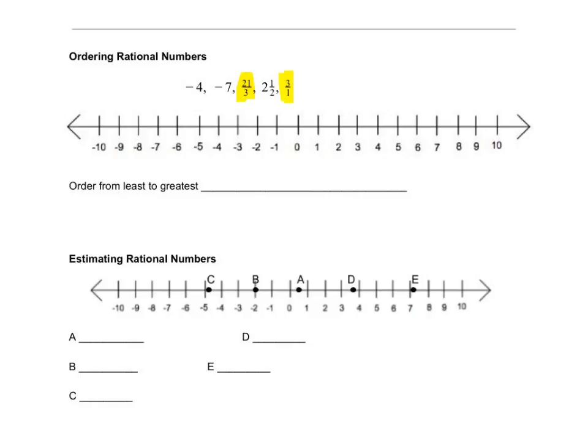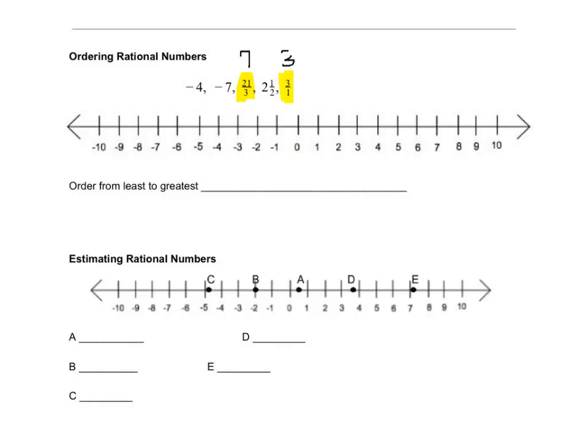21/3 can be simplified to 7, and 3/1 can be simplified to 3. So then what I'm going to do is I'm just going to go left to right down that list and place them on my number line.